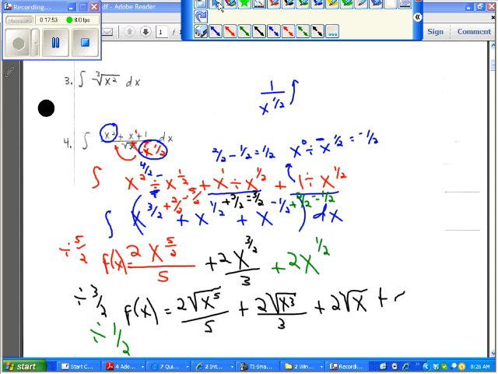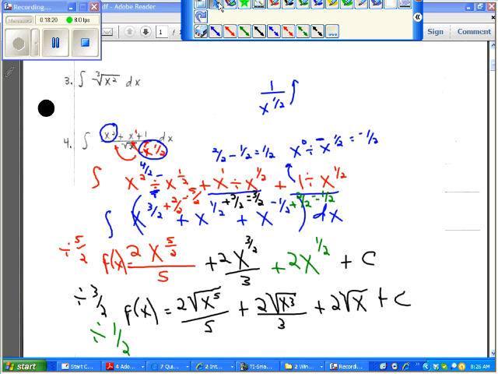Plus, I almost forgot, c, right? Plus c. I need to put a plus c right there. Don't let me forget my plus c, because if you forget, I'll count it wrong. We still got that.